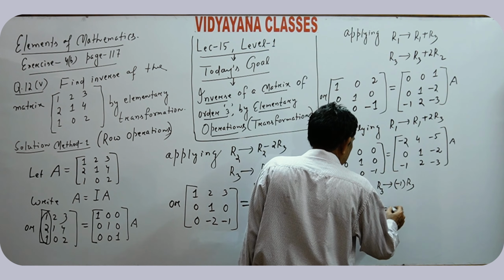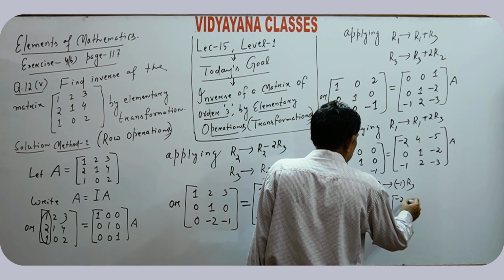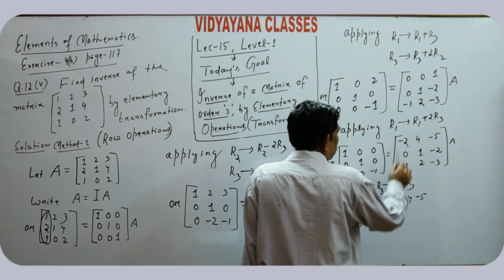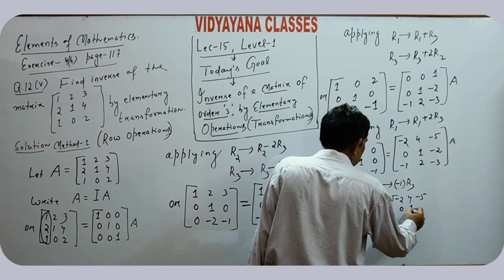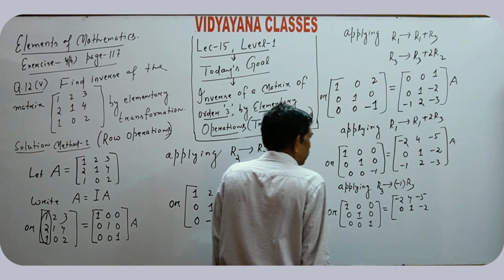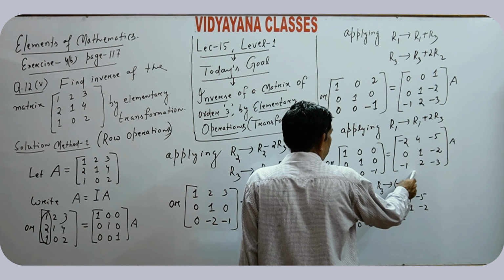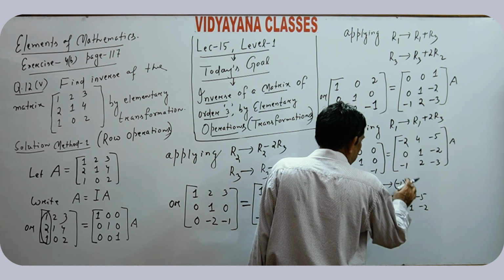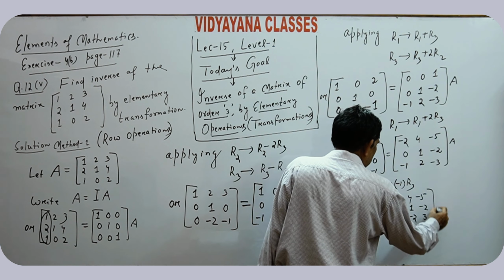And the right hand side: minus 2, 4, minus 5. No change over row 1, no change over row 2: 0, 1, minus 2. Minus 1 will be multiplied with the elements of row 3: minus 1 into minus 1, that is 1, minus 2 and 3.